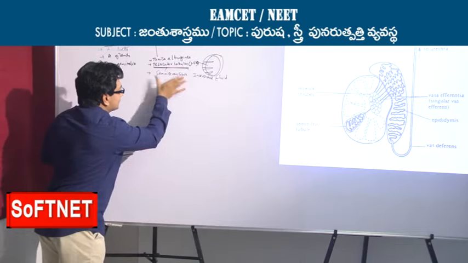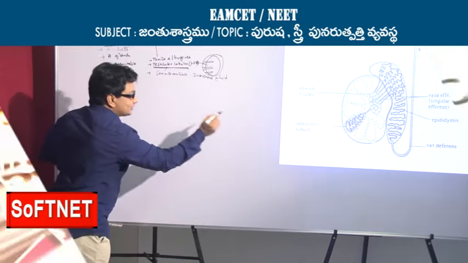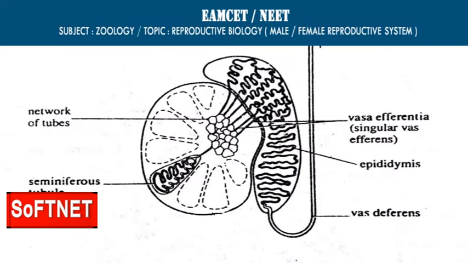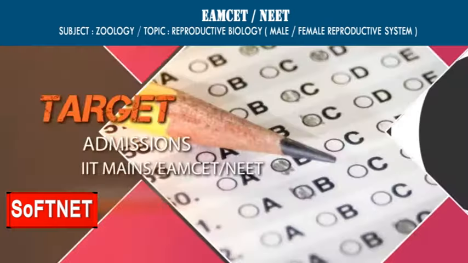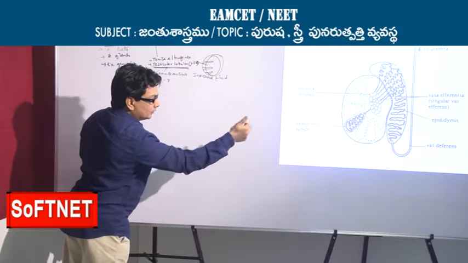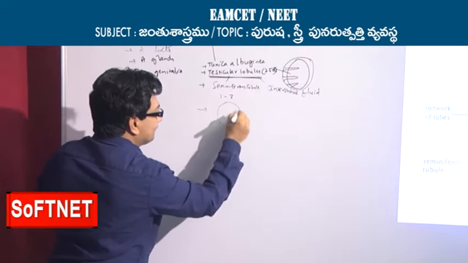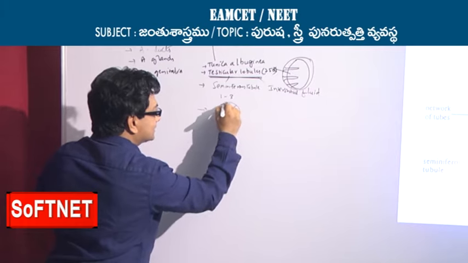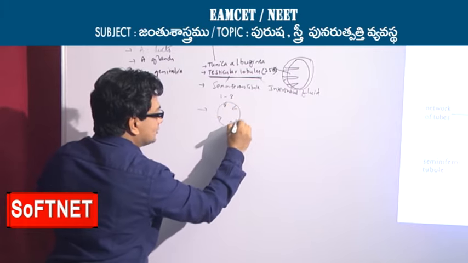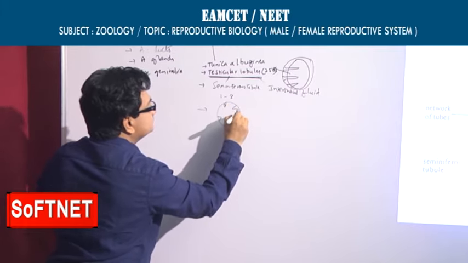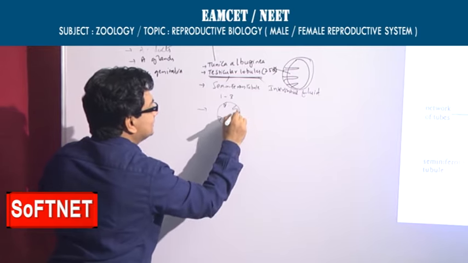Now, each testicular lobule has about 1 to 3 seminiferous tubules, and within the seminiferous tubule we find the tall Sertoli cells, and in between we find the germinal epithelial cells.